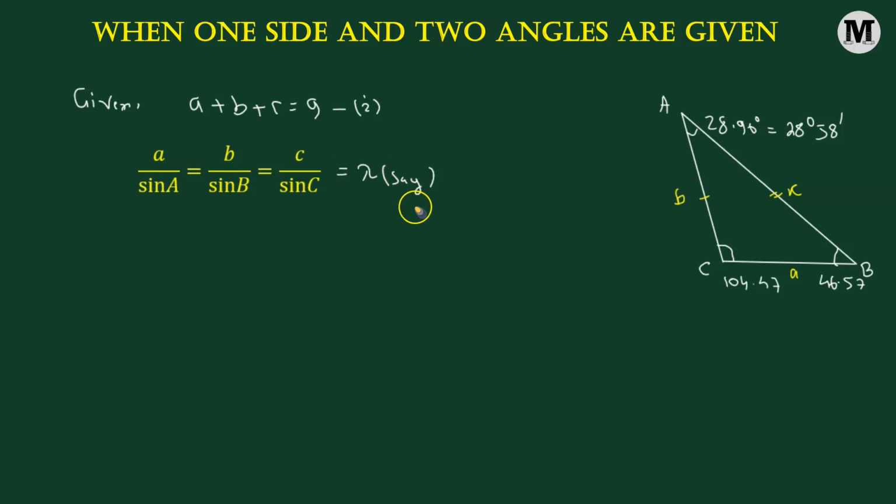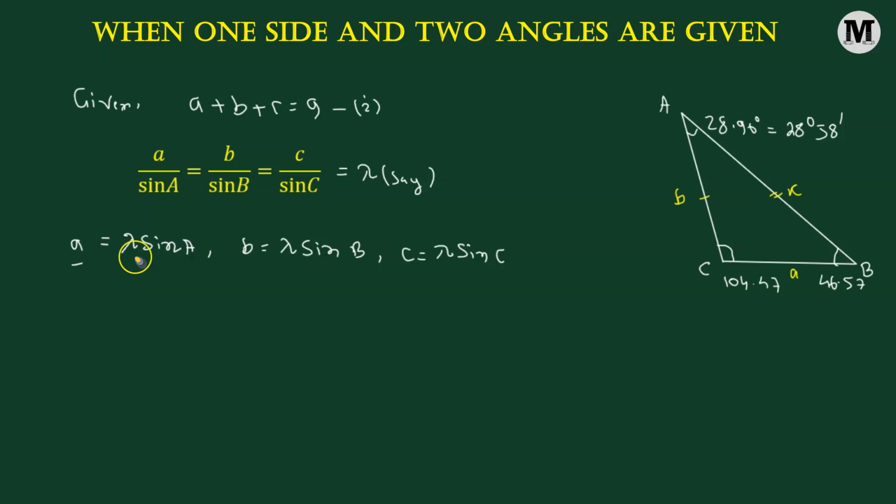Since it's equal to lambda, we have a equal to lambda times sine of angle A. Then b is equal to lambda times sine of angle B. And then c is equal to lambda times sine of angle C.